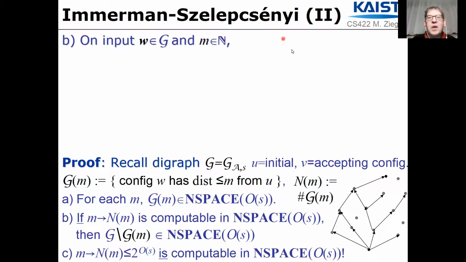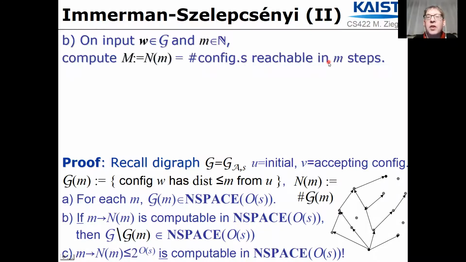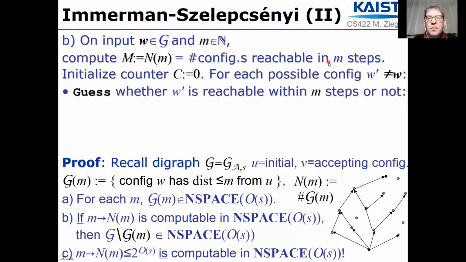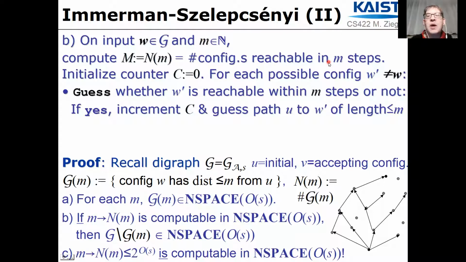The algorithm for guessing and verifying unreachability under the hypothesis that the function n is computable in this non-deterministic linear space. And the key here is to somehow, logically speaking, non-determinism amounts to an existential quantifier.